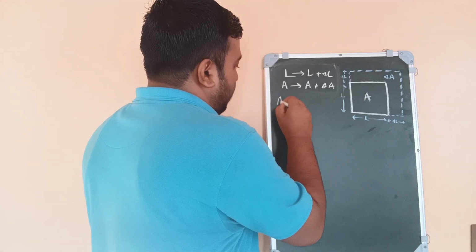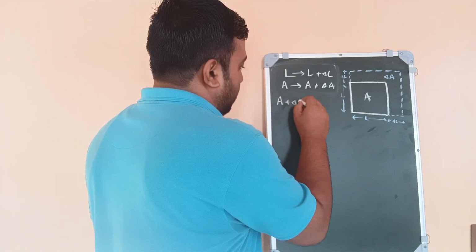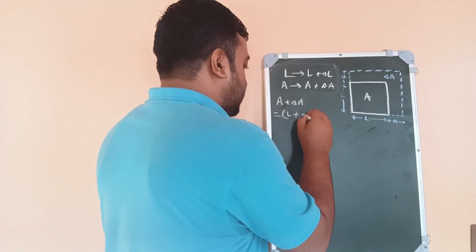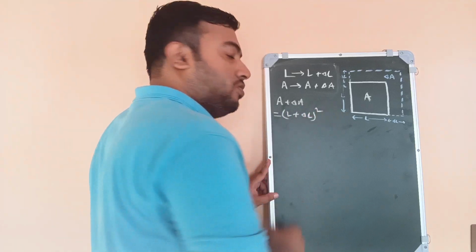The area A plus delta A is equal to (L plus delta L) whole squared.